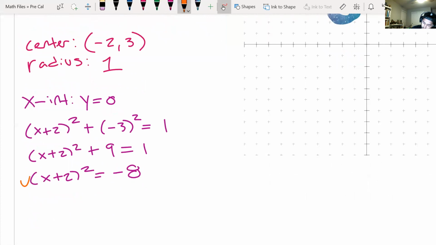Then you square root, and when you square root a negative number, you get what? Imaginary. You get i, right? Which means you're going to get the same result for the y-intercepts, because by our graph, we don't cross any of the axes. So this means that there are no intercepts.